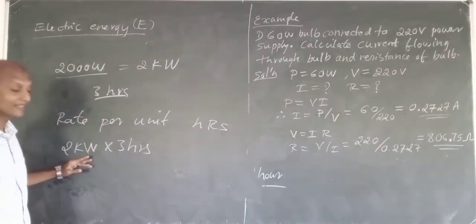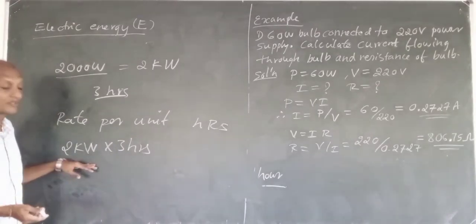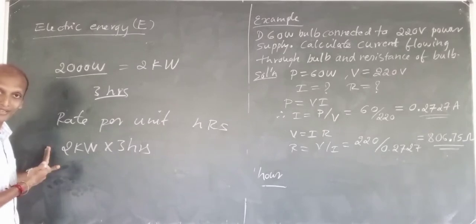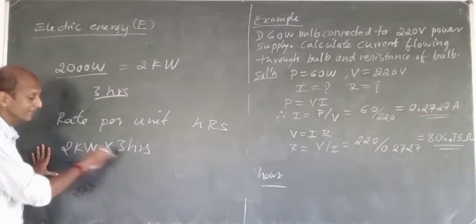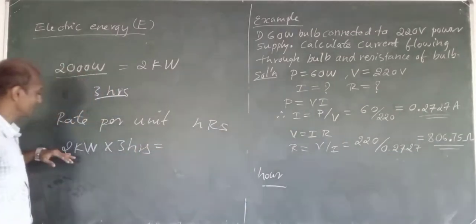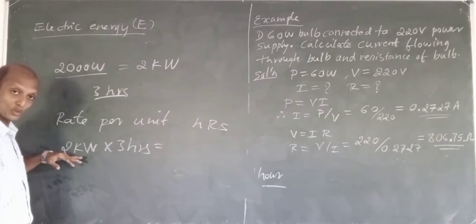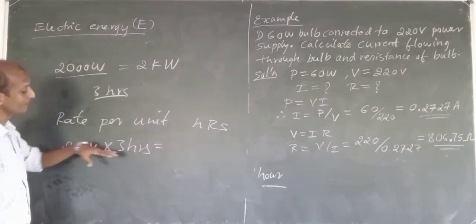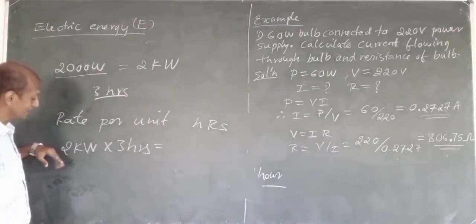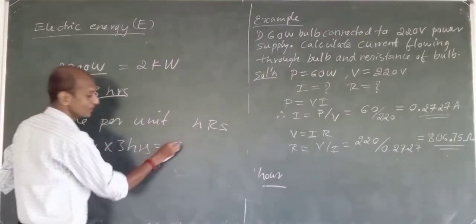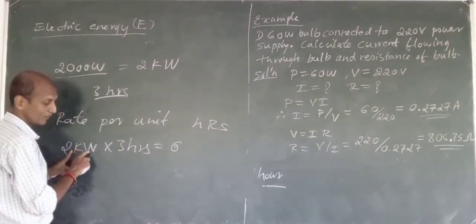So then I can calculate the total units consumed by this home appliance when it is operated for 3 hours. A 2 kilowatt appliance operated for 3 hours is equal to 2 into 3, which is 6 kilowatt hours.